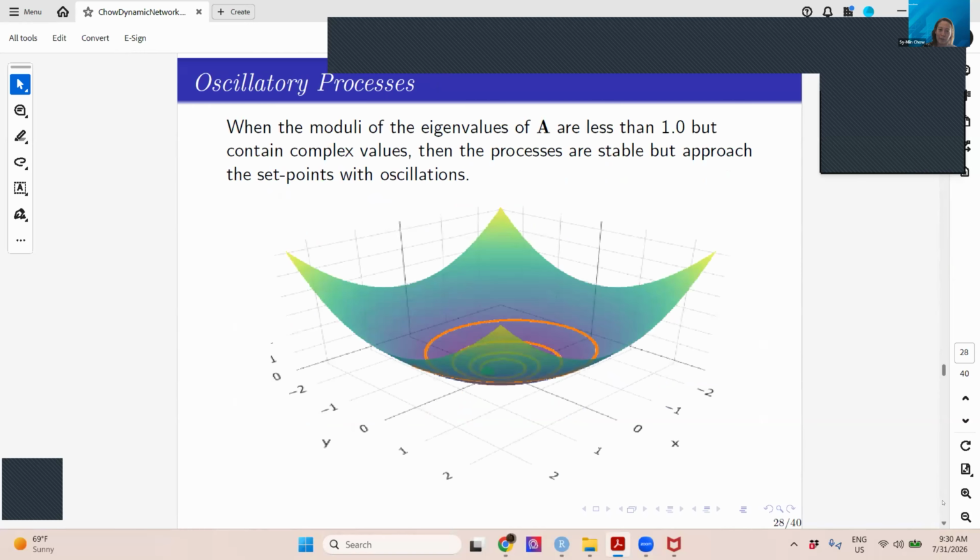for example, if we have a bivariate process, we have dependent variable 1 and 2, right? And in some range of the parameter values, we may get complex eigenvalues, right? So this will show up as imaginary numbers with I, right, in the R output. What happens here is that you can still get a stable system, meaning that the thing is still curved downwards.